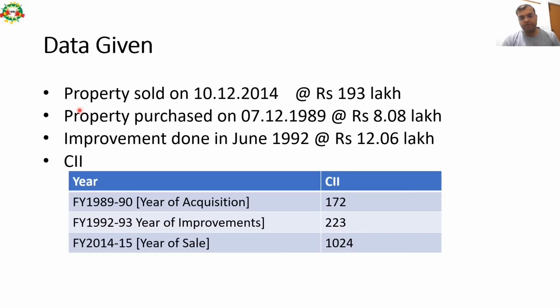So first, as I have told you, always write down the date of sale. The property was sold on 10 December 2014 at a cost of 1.93 crore, which is equivalent to 193 lakhs.